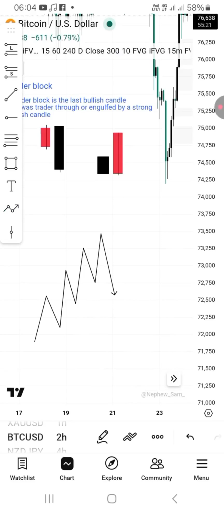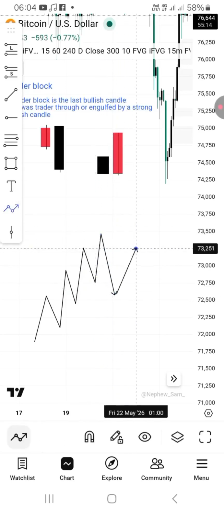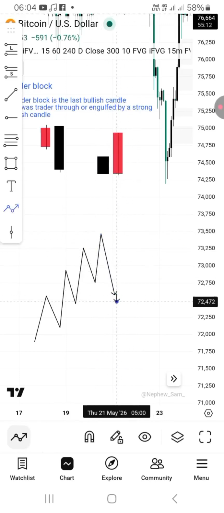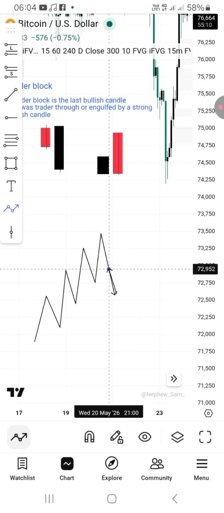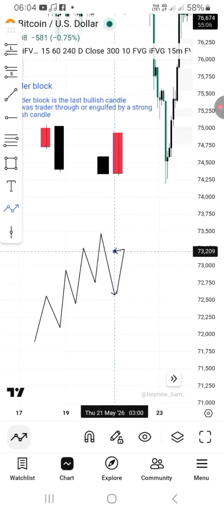So immediately we have a change of market structure. We are expected to see price retrace into probably the premium level of this range, and give us a failure to swing. This high, we are not expecting this high to take out this high anymore.